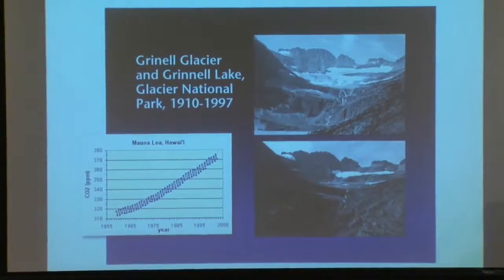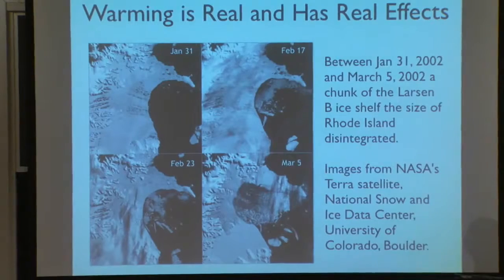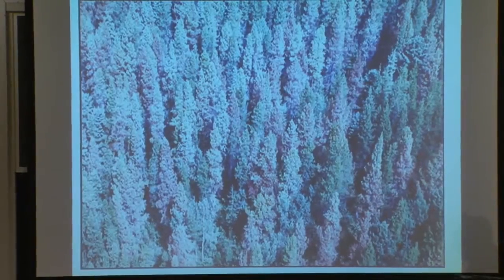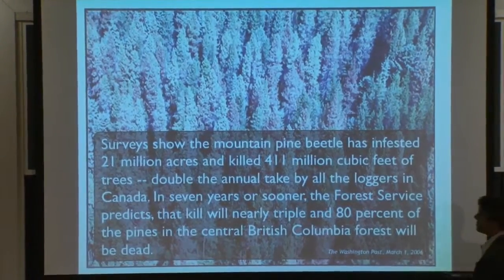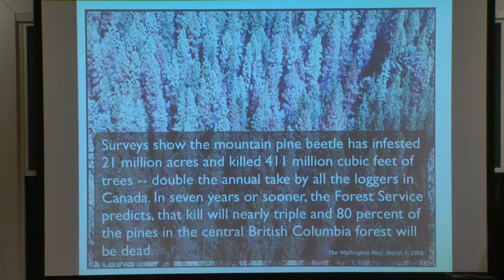Now, there are lots of examples, and you can see things melting the size of Rhode Island, and lots of really great images of what the changes in temperature do. Here's one I like, because you don't always think about the warming in this sense: the changes in climate also change when things get eaten, like trees eaten by animals, like this beetle.